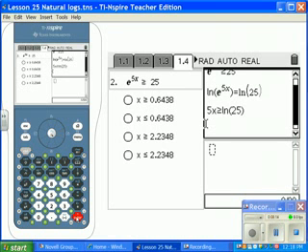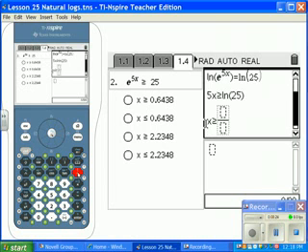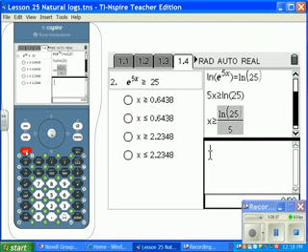Okay, good. Doing all right so far? Last step. Did we divide by a negative? No. So now we would just take that.